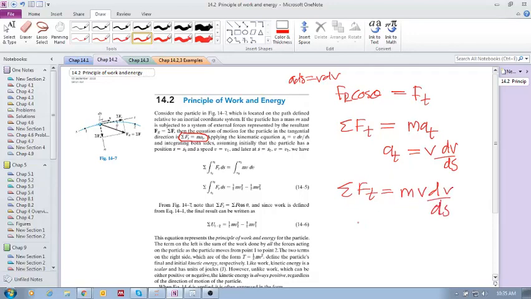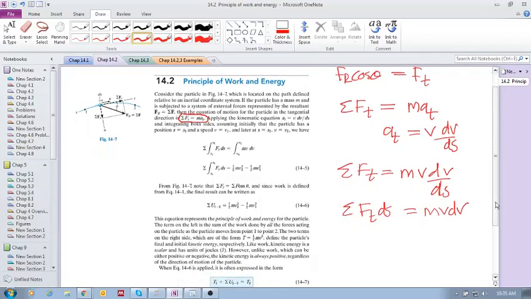If we rearrange this, we get the sum of the forces in the tangential direction times ds is m v dv. So this is looking kind of familiar: force times a displacement.